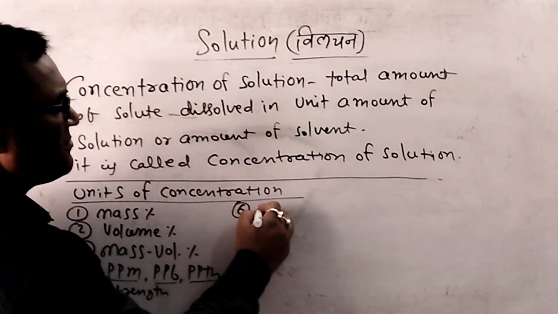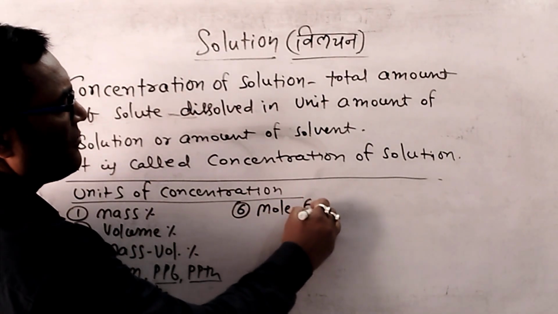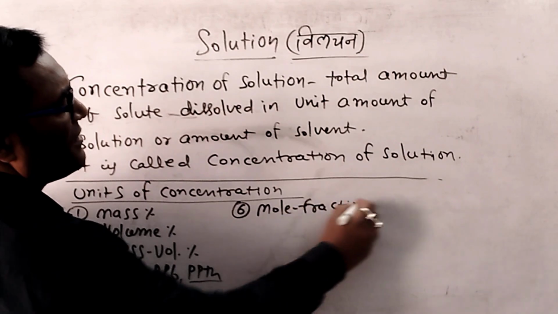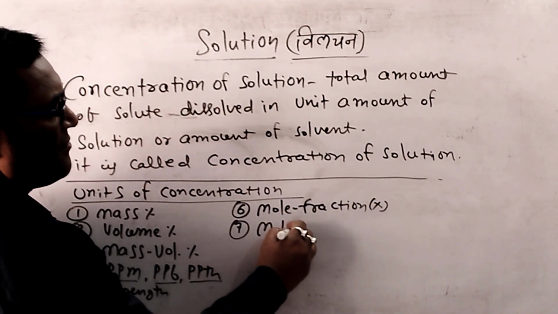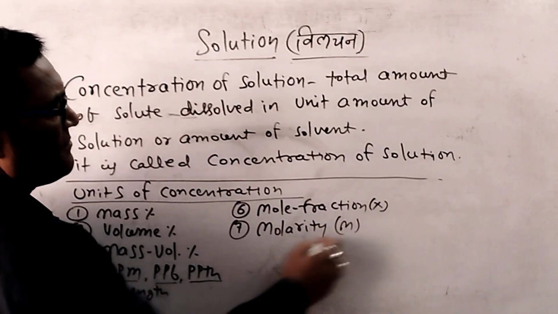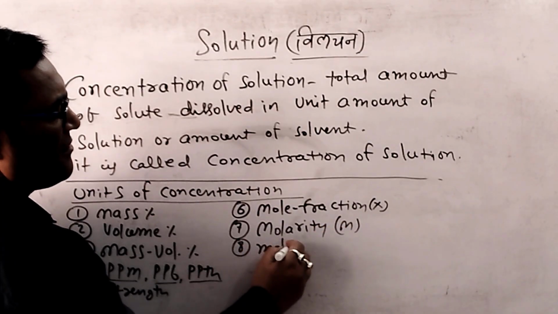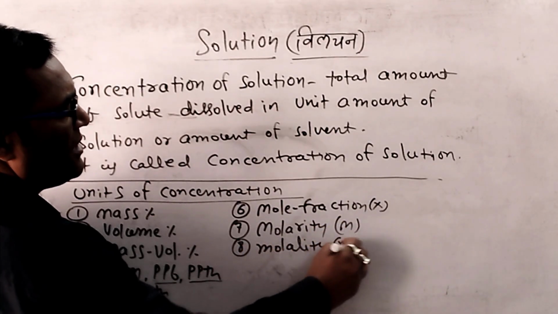Now the sixth unit is mole fraction, denoted by X. The seventh unit is molarity, capital M. The eighth unit is molality, small m.